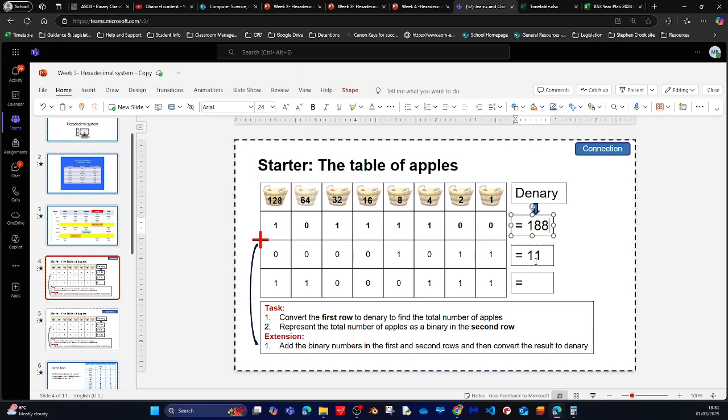Now the second one: the 11 is the total, and nothing above the total should be added. So we can't add 128, because it's more than the total. The maximum we can have is 11. 64 is too much, 32 is too much, 16 is too much, 8 is the first one that is below 11.